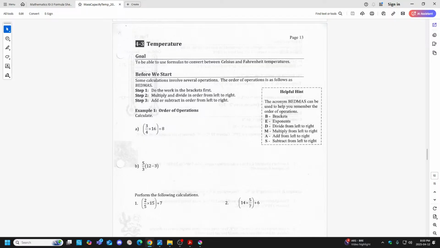Temperature also indicates the direction in which heat energy will spontaneously flow: from a hotter object, higher temperature, to a colder object, lower temperature. So basically, if you have a hot object touching a colder object, that heat will transfer to the colder object. Okay?